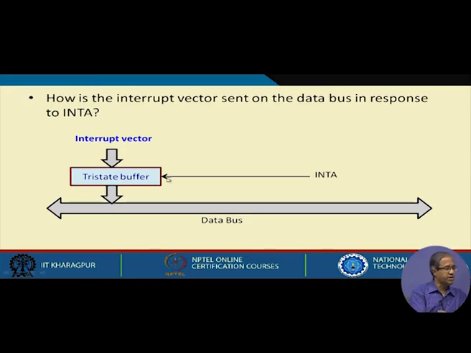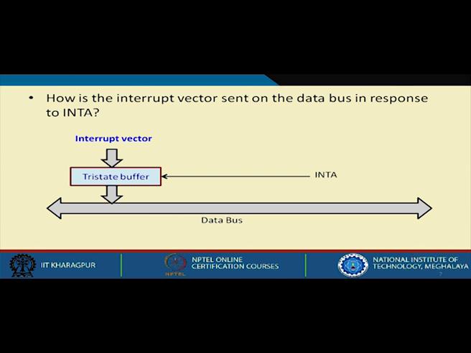Okay, it is very simple. Here actually what we require here is a tri-state buffer. So, on the input side of the tri-state buffer, we have the interrupt vector, the output of which is connected to the data bus, and the tri-state buffer is enabled by the interrupt acknowledgement signal.